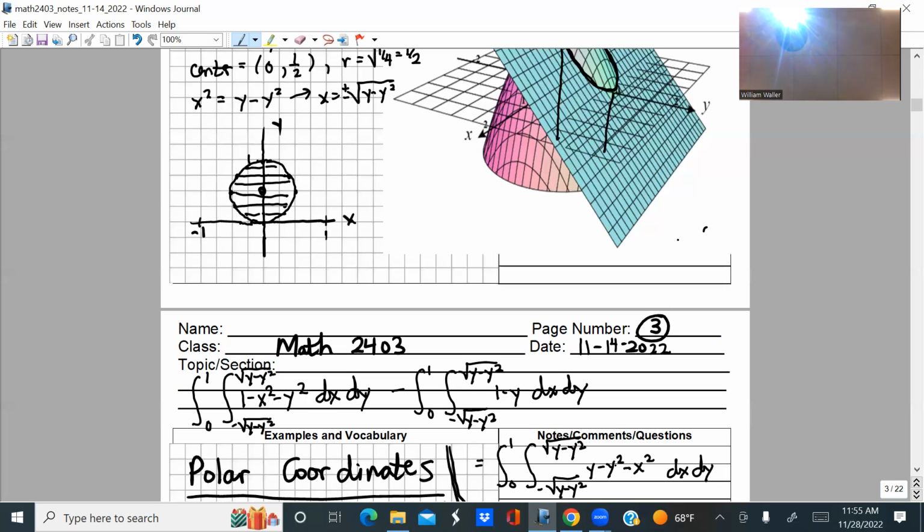So actually, we could do this by hand. It turns out that we do have the knowledge and the skills to integrate this by hand, but it's a real bear, okay? It will involve some trig substitutions because of the square roots.